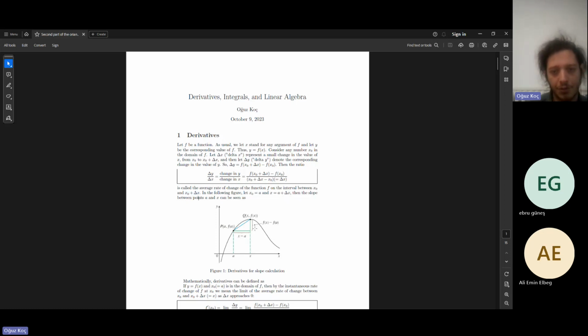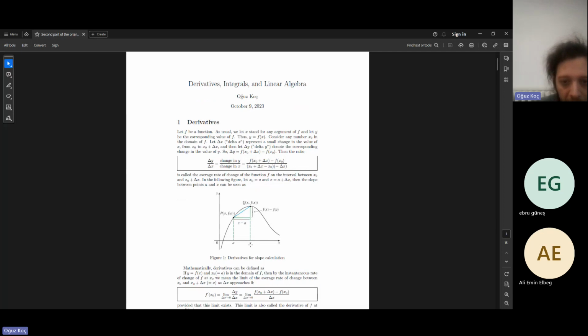In the following figure, we can choose x0 as a, and we can choose x equal to a plus delta x, which gives us the change in the x-axis, and the difference between a and x is delta x. Then the slope between points a and x can be seen like this.